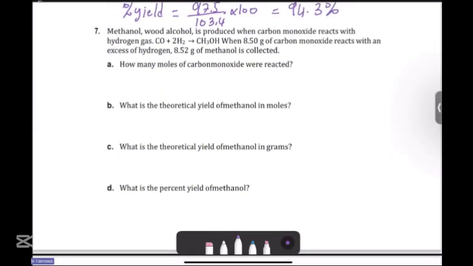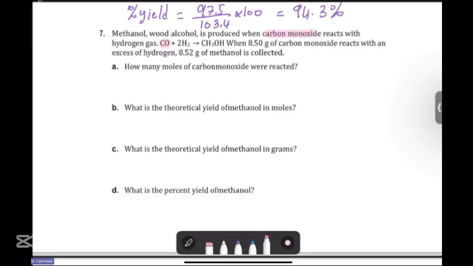One last question. So methanol, wood alcohol, is produced when carbon monoxide reacts with hydrogen gas. So carbon monoxide reacts with hydrogen gas. These are the reactants.